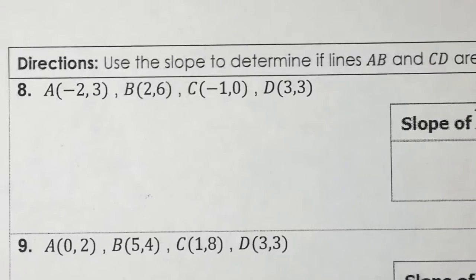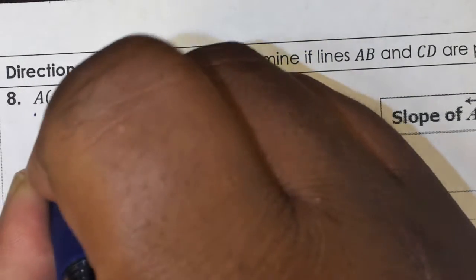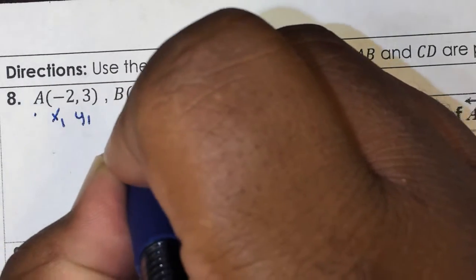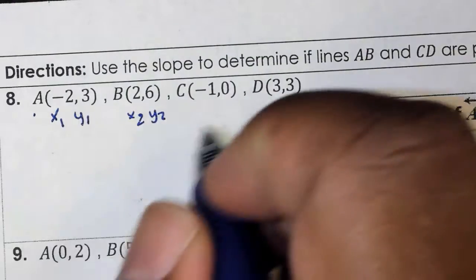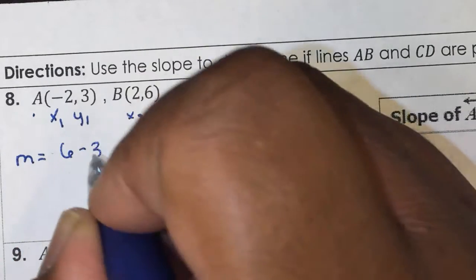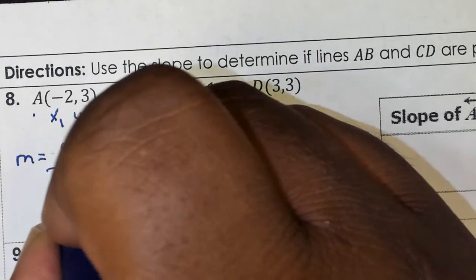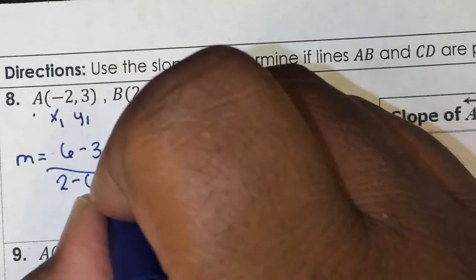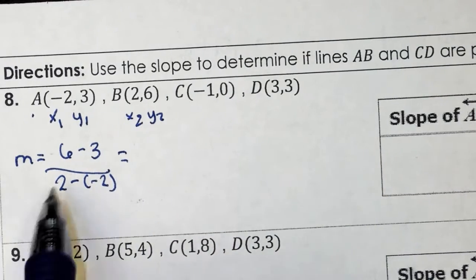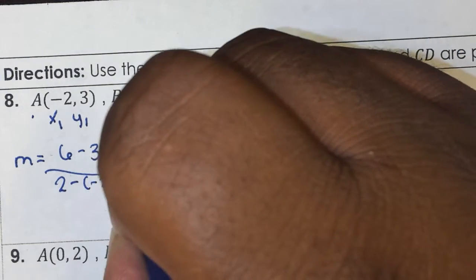Moving fast. Here we go. We're going to find the slopes. AB is a line, CD is a line, so I'm doing the slope formula twice. Labeling A and B, X1, Y1, X2, Y2, and then I'm going to find the slope. M equals 6 minus 3 over 2 minus negative 2, which is 3 over 4.